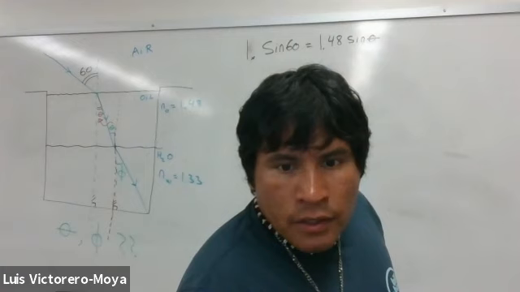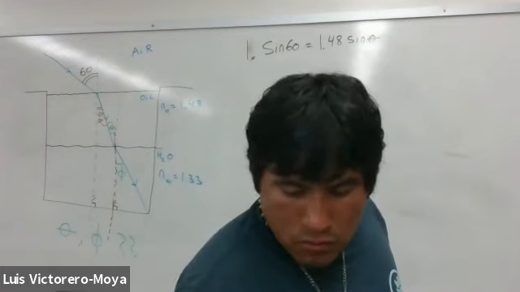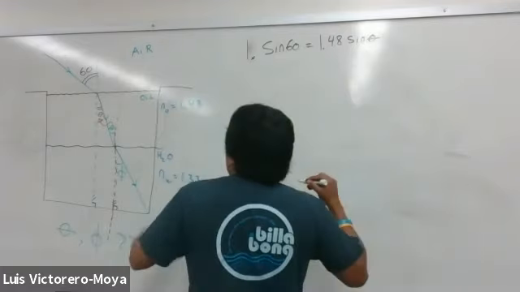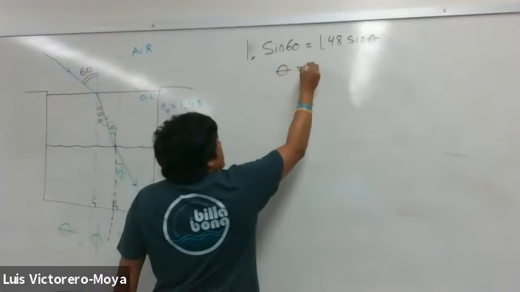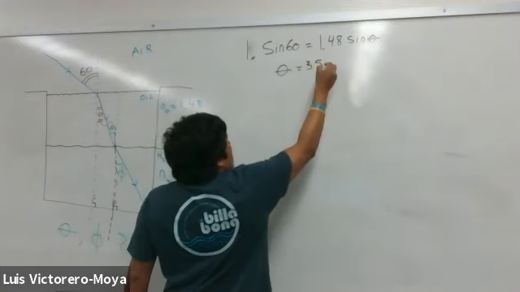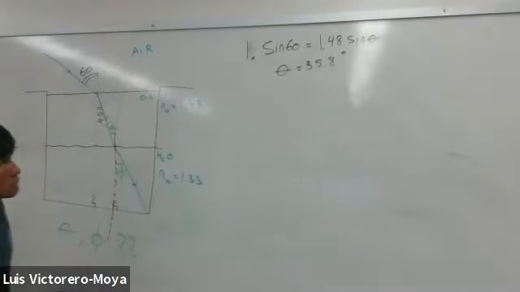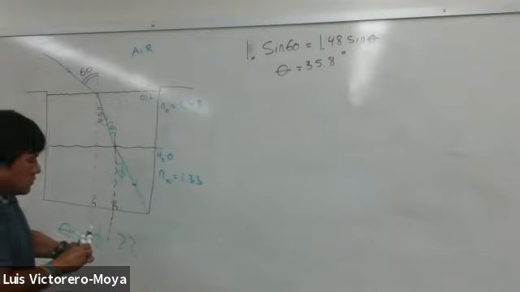And then arc sine, 35.8. So the angle theta is 35.8 degrees. Easy, right? And then I went from oil to water.